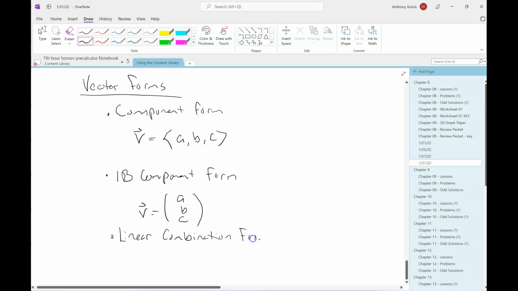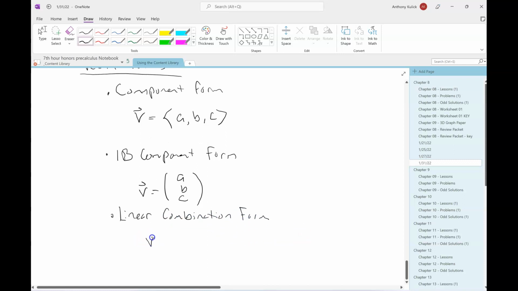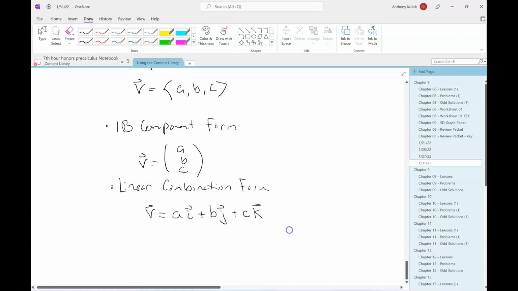We had the linear combination form. So in 2 dimensions, that was ai plus bj. Well, in 3 dimensions, we have a third component, so we'll have plus ck. Remember these vectors i and j were called the standard unit vectors in 2 dimensions.